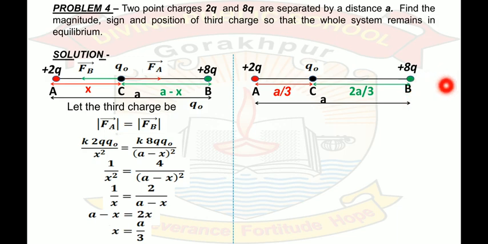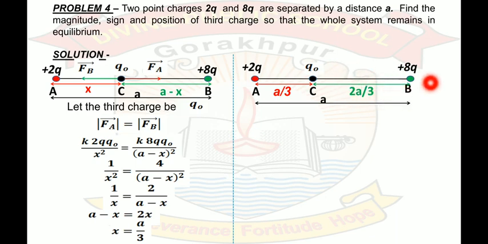In repulsion, it will go away from the plus 2q. Now if we want to keep this charge in equilibrium, then this q naught must exert a force on 8q towards itself.